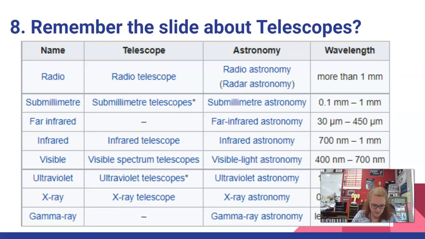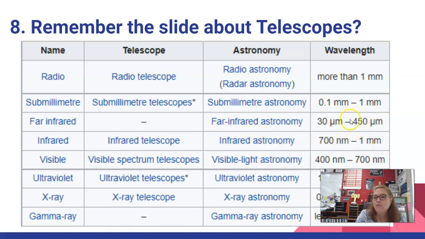And then this is something about telescopes. We have different telescopes that measure these different EMRs. The radio telescope, look at this, more than 1 millimeter in wavelength. That's pretty big for EMR. What about far infrared? We have a different type of telescope that can measure those. They're pretty cool.